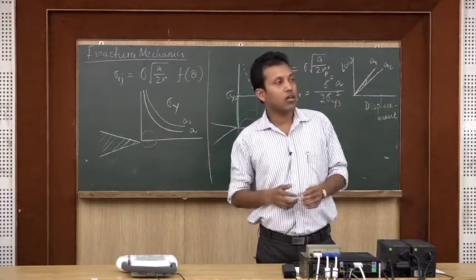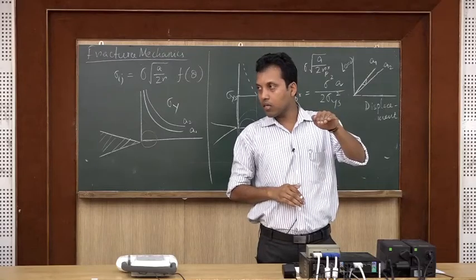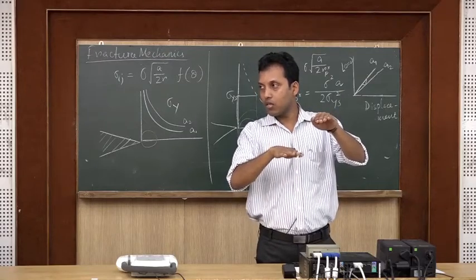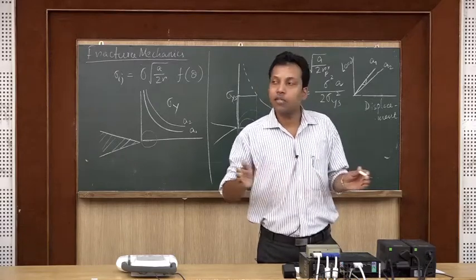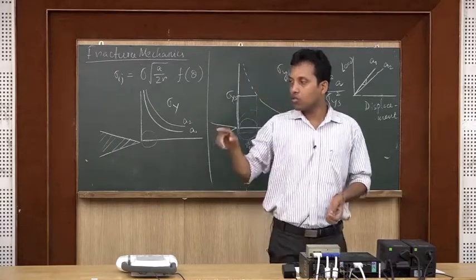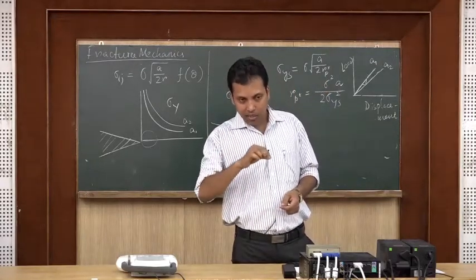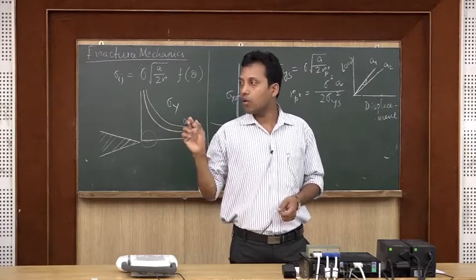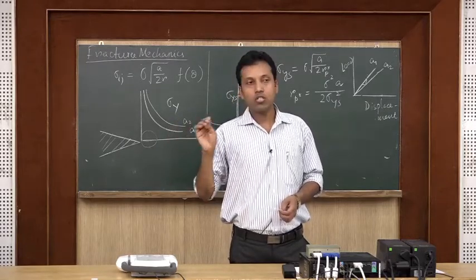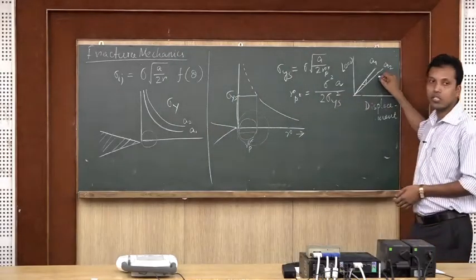So, how are we correlating these things? First we are telling that due to presence of a plastic zone, stiffness reduces, and stiffness reduces means this is analogous to the increment of crack length. That way also we can correlate that if a material is having a larger crack, it is less stiff than the material with a small crack. So, stiffness reduces means this curve will come down in this way.